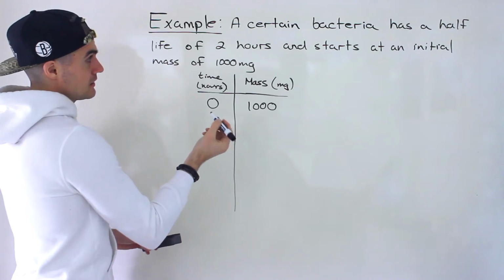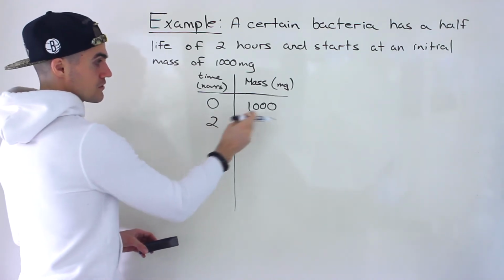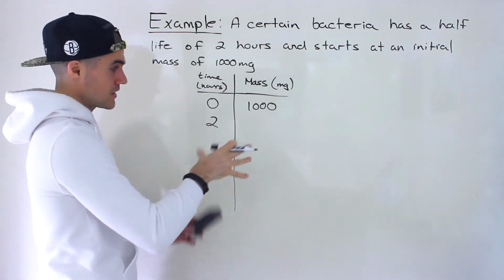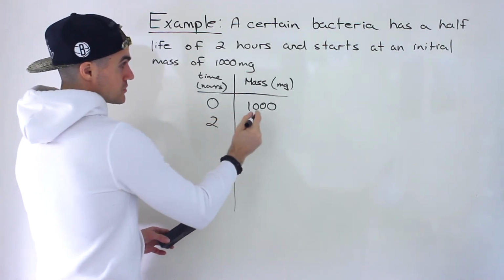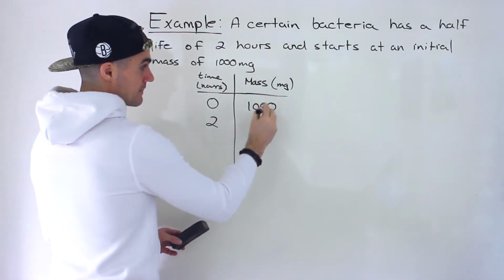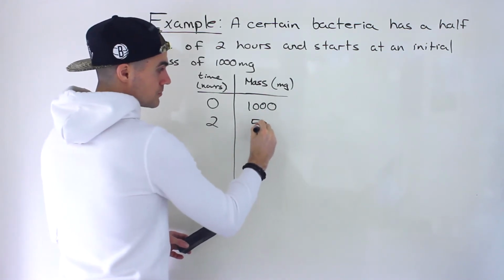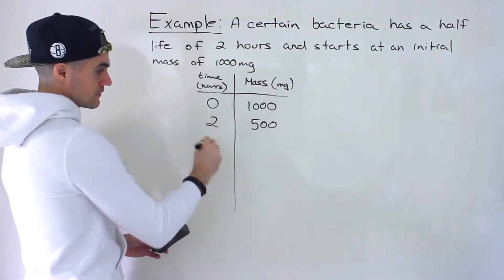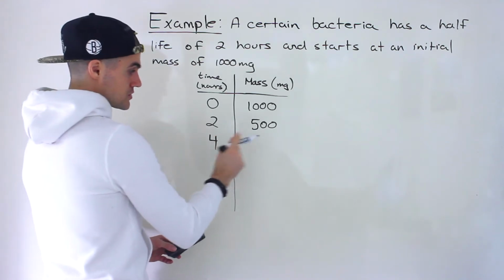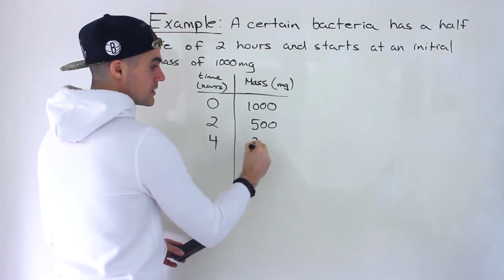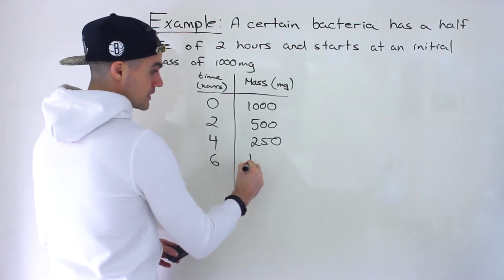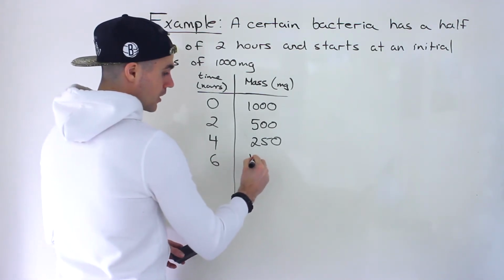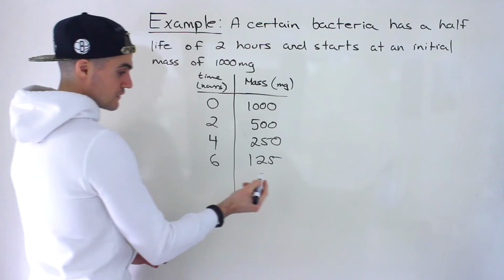And then after 2 hours, this mass is decaying, so it's getting smaller. It has a half-life of 2 hours, meaning that the mass after 2 hours is going to be 500. Then in the next 2 hours, at the 4-hour mark, it's going to be 250. At the 6-hour mark, it's going to be 125.